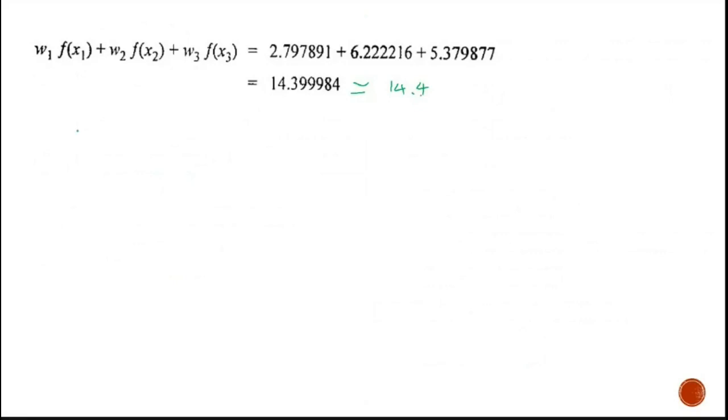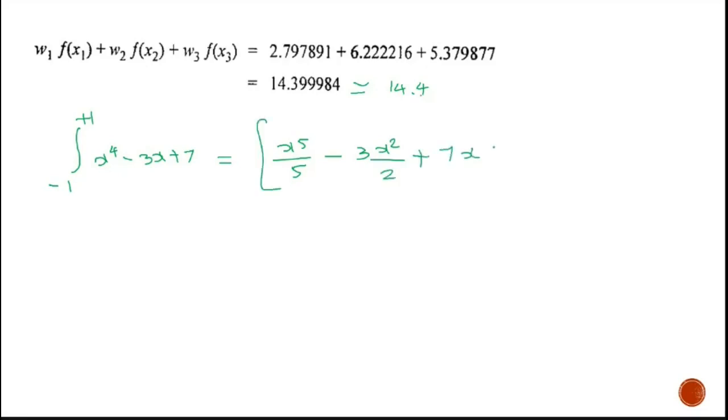Let me consider it. So the integral from minus 1 to plus 1 of x power 4 minus 3x plus 7. Let me integrate it. When I integrate x power 4, what will you get? You will get x power 5 by 5, minus 3 times x square by 2, plus 7x.